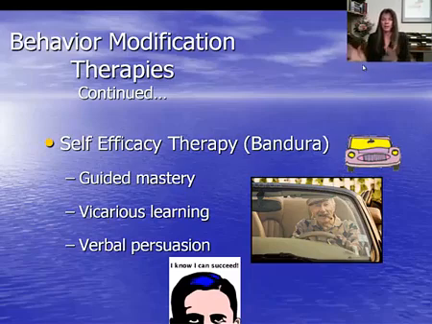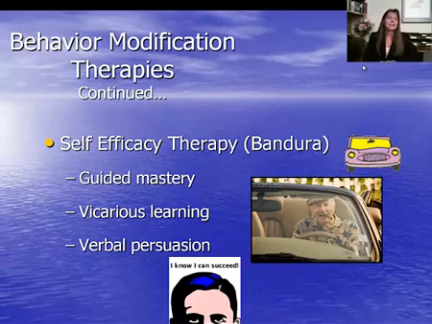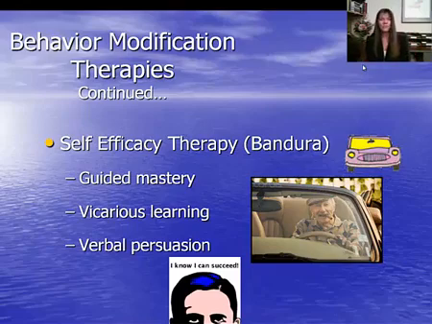So all 3 of them are going on at once. The first one is guided mastery. This is like the meat and potatoes of this meal, and the other 2 are like side dishes that go along with it. But guided mastery is the central kind of therapy here, the really most helpful part of it.